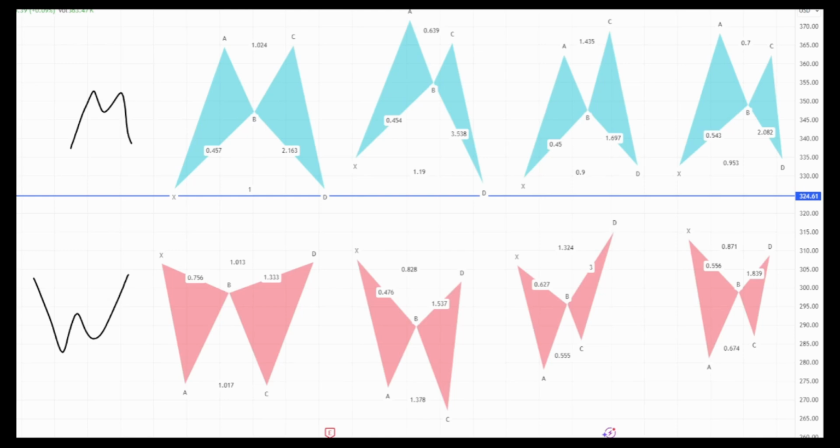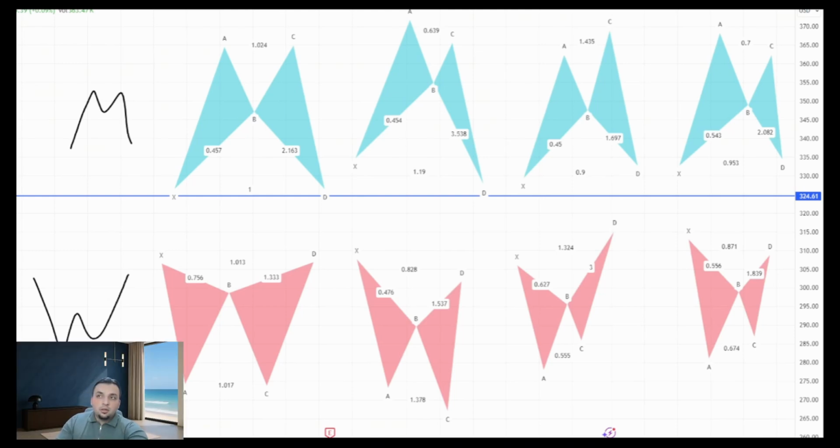Alright, so now let's speak about what is considered a valid pattern and what we should look for, and what is considered a bad pattern that we should not consider. So let's take the bullish harmonic pattern for now.